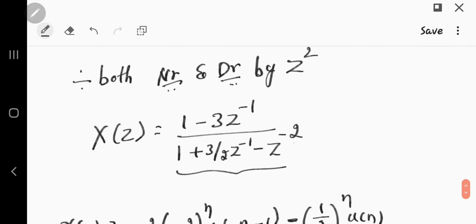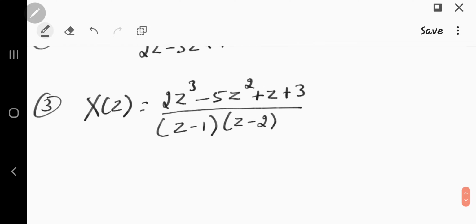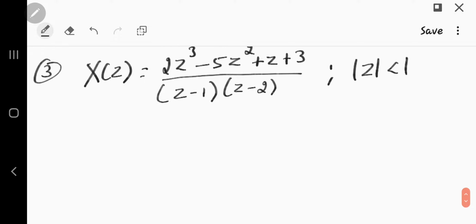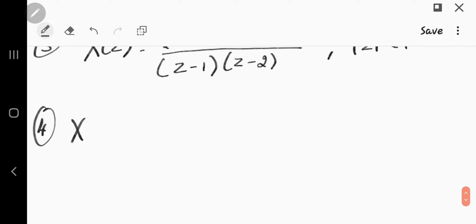So you repeat the same step that I have done here for this problem, for problem number 3, and afterwards you can follow the further steps. Okay, so I will give you the solution as well in the next video, and I want you to try these problems on your own.